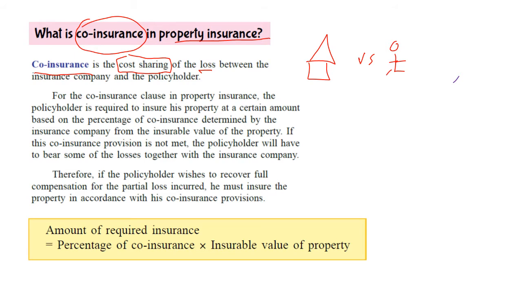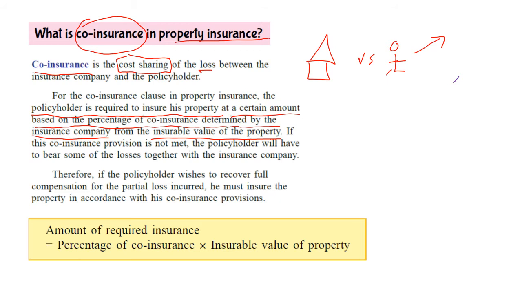So for a co-insurance clause in property insurance, the policyholder is required to insure his property in a certain amount, based on the percentage of co-insurance determined by the insurance company for the insurable value of the property.